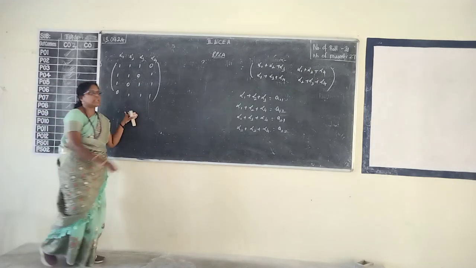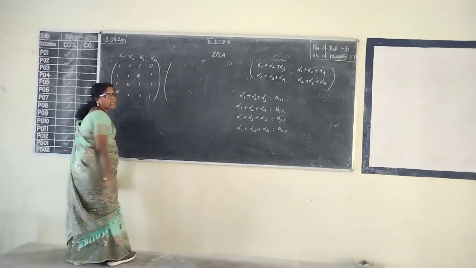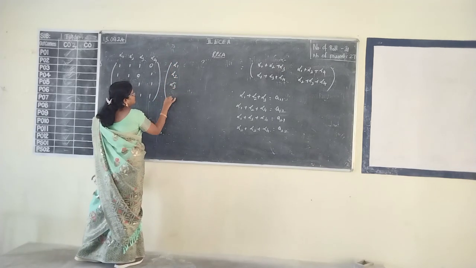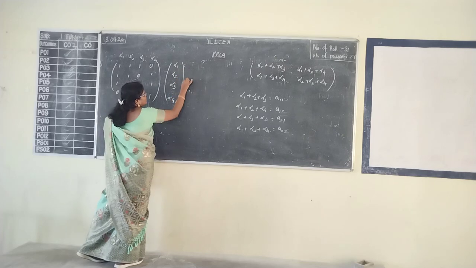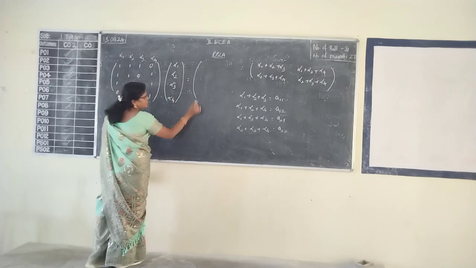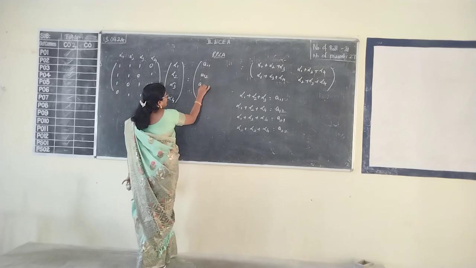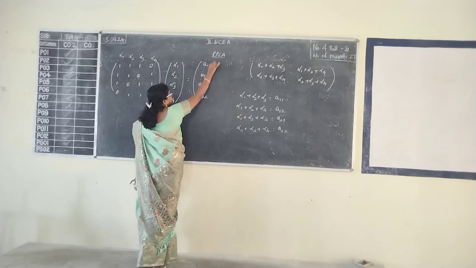What is the vector X? What are the variables here? Alpha 1, alpha 2, alpha 3, alpha 4. So what is the right hand side? A11, A12, A21, A22.